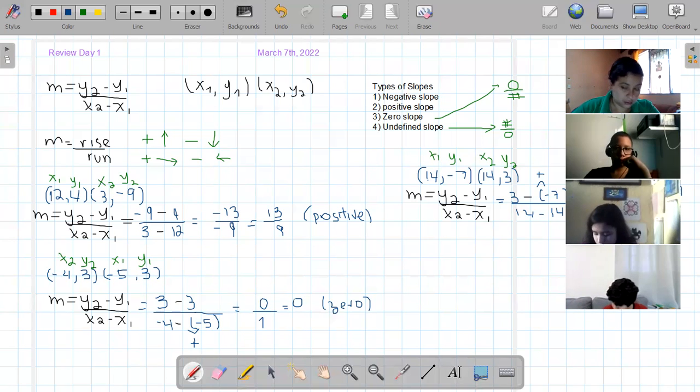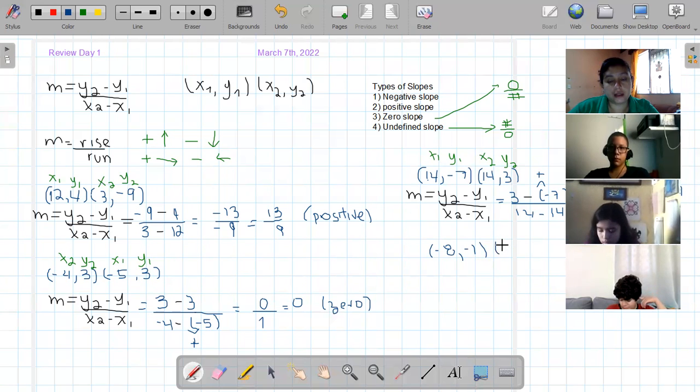No questions? Yes? What happens if, in an example, x1 is negative and x2 is positive? Okay, let's do that. So x1 is negative, so let's say (-8, -1). And you say x2 is positive, so let's say (10, 0).